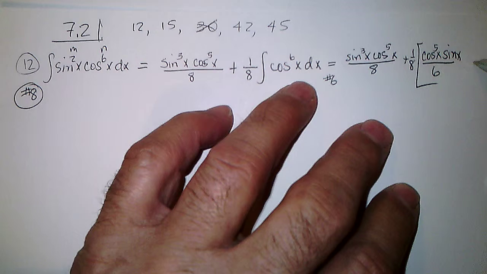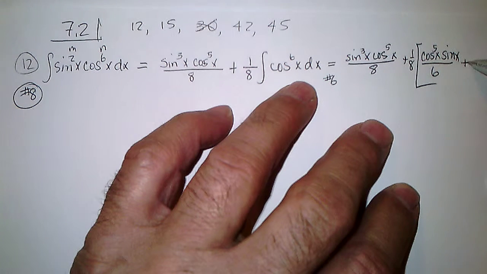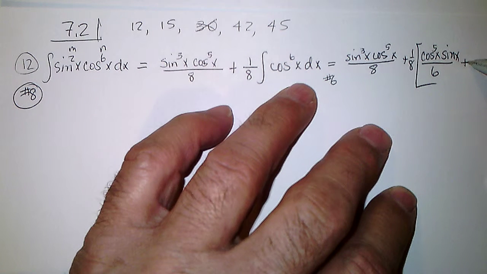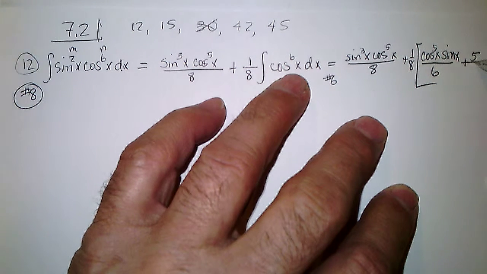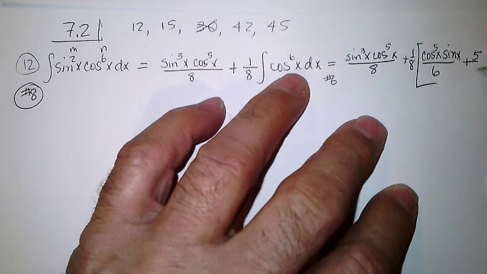Then we have plus n minus 1, so that's 6 minus 1, 5 over n, which is 6, times an integral.